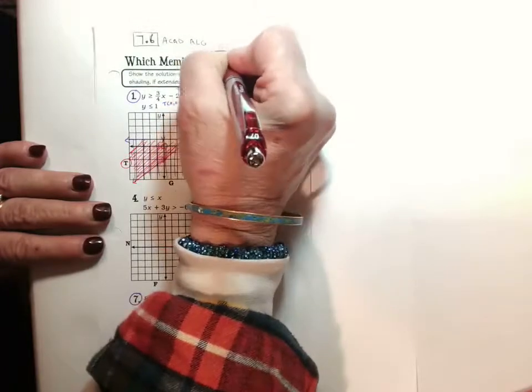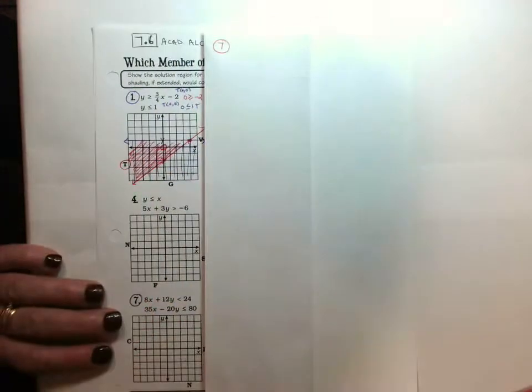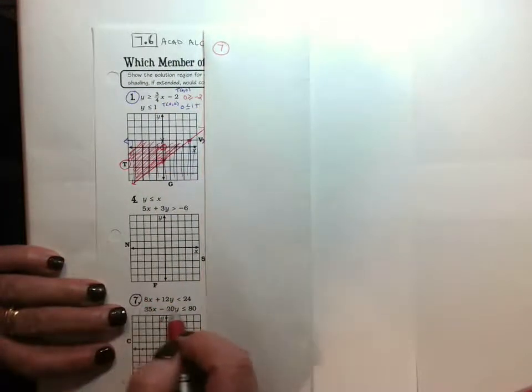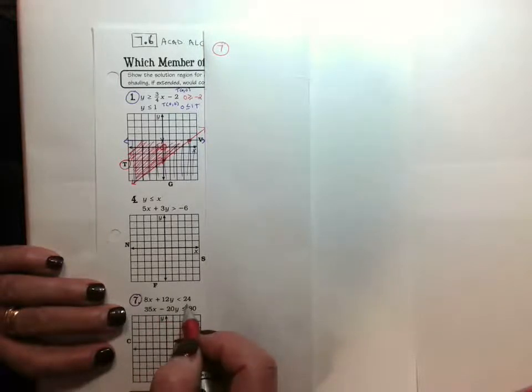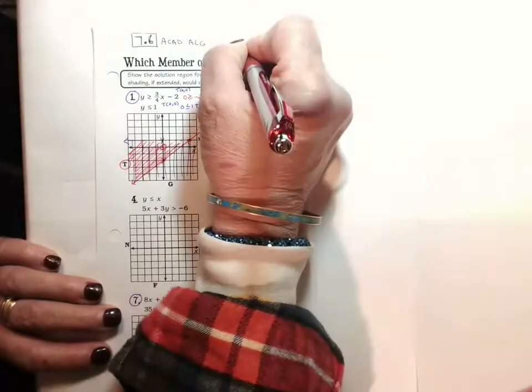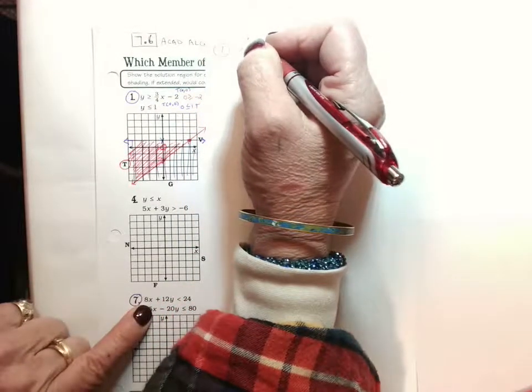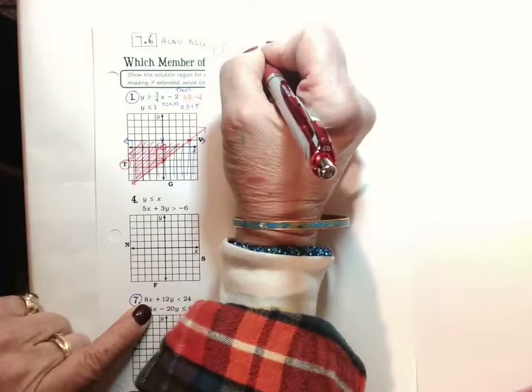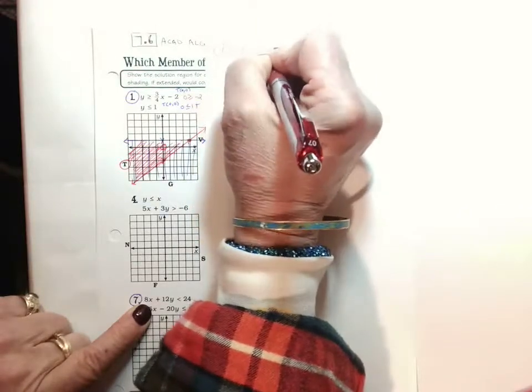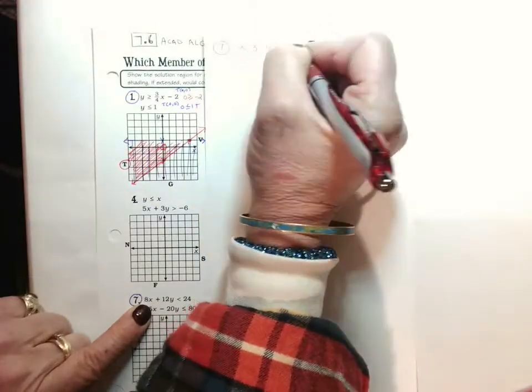When we graph our first line, we're saying to ourselves, oh, that'll be easy to do with x and y intercepts. So the x-intercept is 3. The y-intercept is 2.